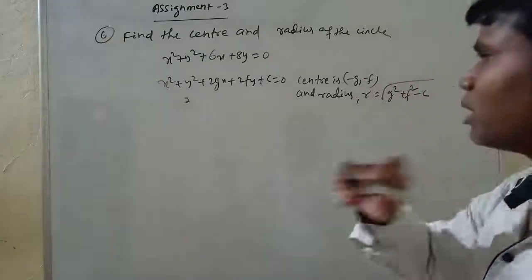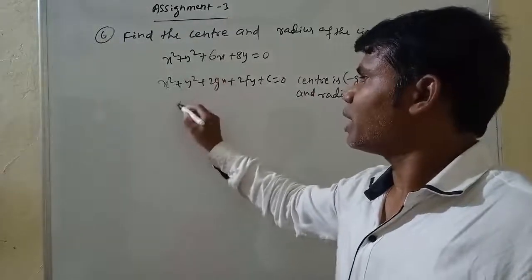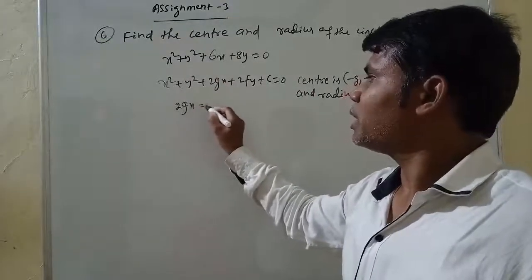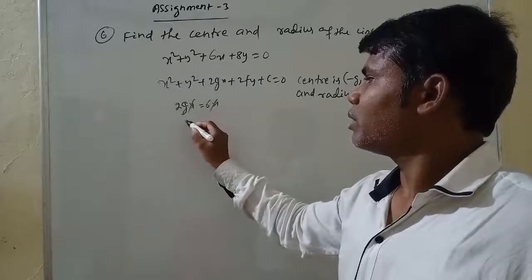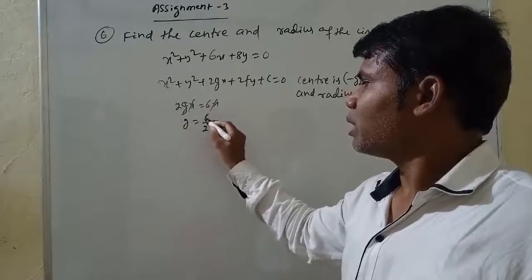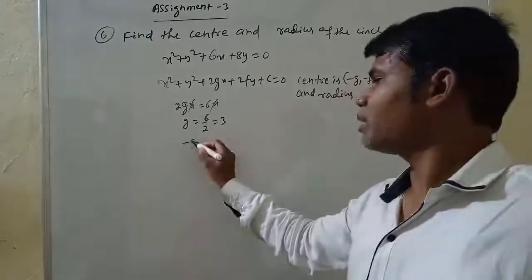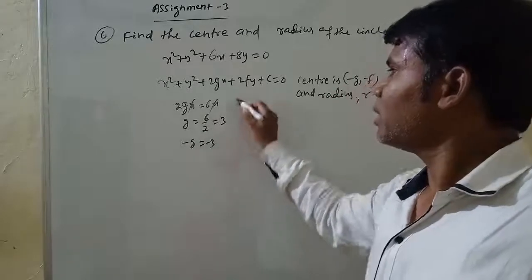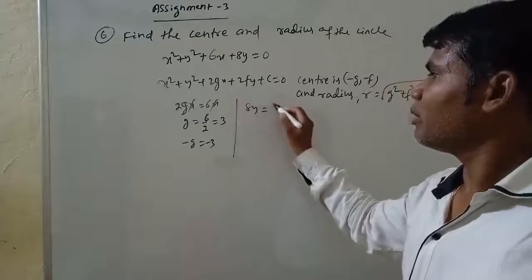Okay, at first you find the center. You compare these two, you can get 2gx is equal to 6x, x cancels out, 2g is equal to 6, g is equal to 6 by 2, that is g is 3. We need minus g, that is minus g is equal to minus 3. Here you compare 8y with 2fy.